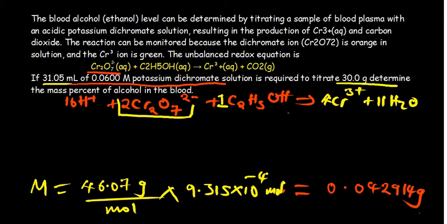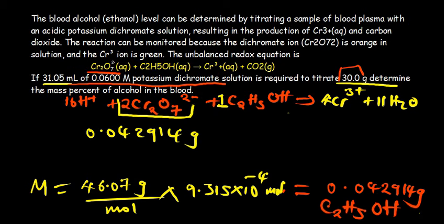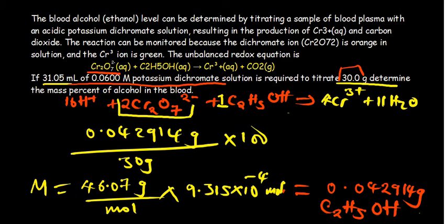So how do we find the mass percent of the alcohol in the blood? This is for the alcohol ethanol from the equation. We are given the mass of blood, 30 grams. So we use 0.042914 grams divided by 30 grams, times 100. Notice the grams cancel out.